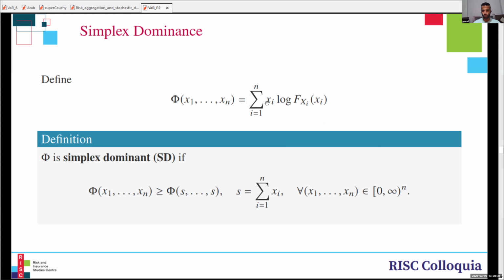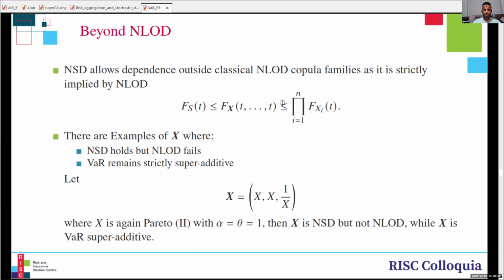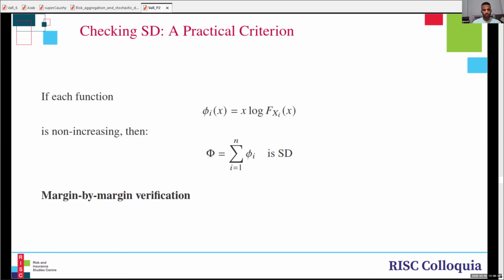If each one of those terms of the sum is non-increasing, then phi would be SD. So we only have to check if x times log f(x) is non-increasing, in other words, it's going down, then the function phi, which is the sum of all of those, is simplex dominant. So this is convenient, right? We can check margin by margin.